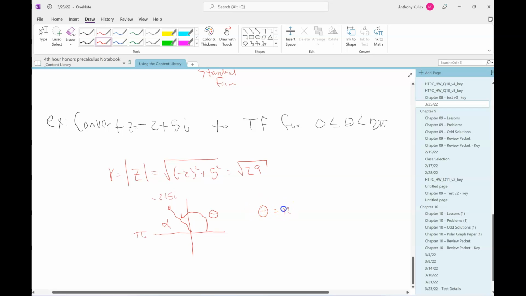Anyways, so what can I say here then? Theta is going to equal pi minus alpha, where alpha is the tan inverse of the absolute value of b over a. So when I type this all into my calculator, I get about 1.9513.